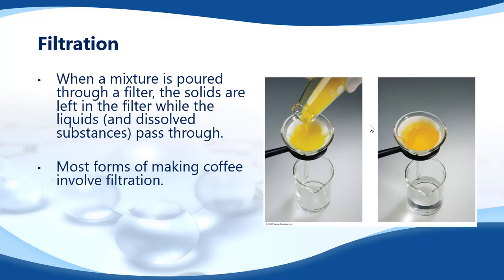This is a great separation technique to use if you want to separate solids out of a mixture. Now, one thing to keep in mind, as they've shown here, the filtrate that you have below should be crystal clear. If it has any hint of the precipitate in it, you have to start over again.